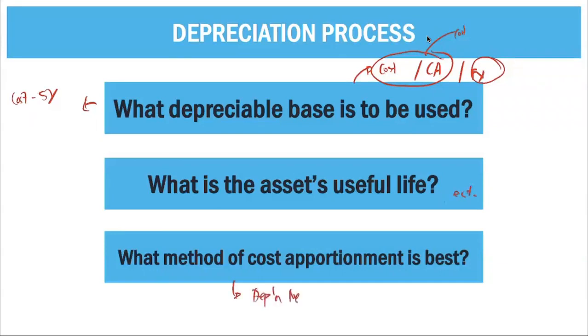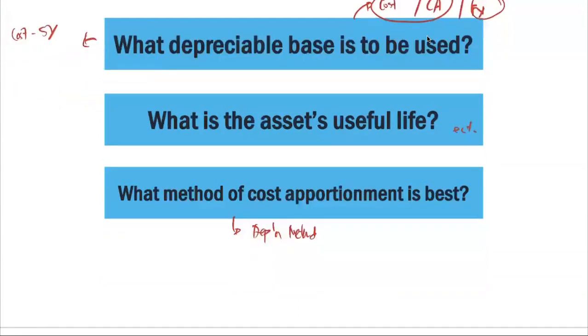So we have different depreciation methods based on whether your annual depreciation is a static type or an activity type. Later we will discuss your different depreciation methods. So in the depreciation process, you need to consider these items: first, depreciable base; next, the useful life of the asset; and lastly, the depreciation method.